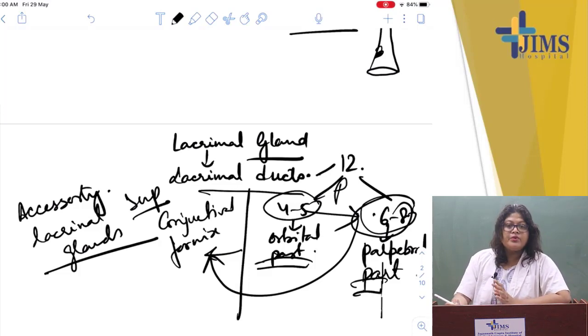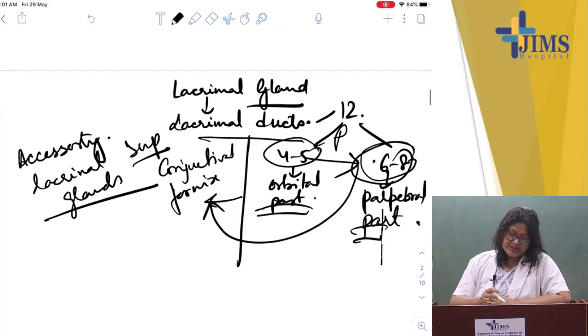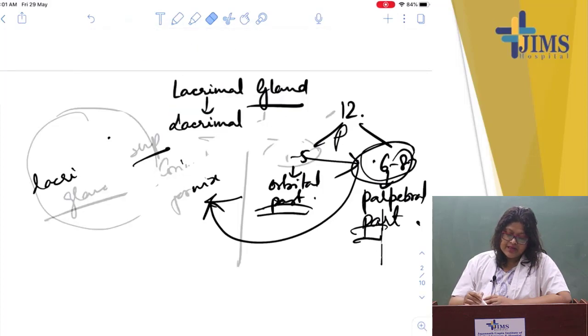So removal of the palpebral part amounts to removal of the entire gland almost, though it is just 1/3 of the lacrimal gland. But if we remove the entire lacrimal gland, is it going to stop tear formation? No, because there are accessory lacrimal glands.